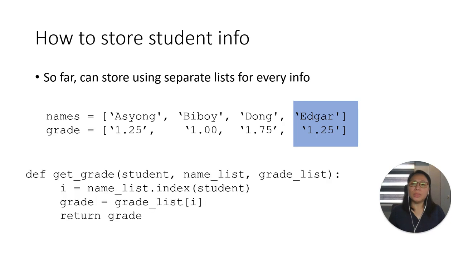And if we have these two lists, we may write a function, let's say get grade, that returns the grade of a student given his or her name. So in this manner, it's doable, yeah, but it will not be easy, or I would say that maybe there is a more efficient and easier way of doing this.